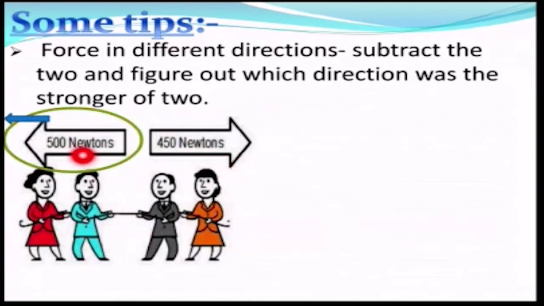In this direction 500 newtons of force are being applied, and in this direction 450 newtons. So here we need to subtract these two forces. 500 newtons minus 450 newtons is equal to 50 newtons. So 50 newtons more force is being applied in this direction, because more force is being applied here, right?